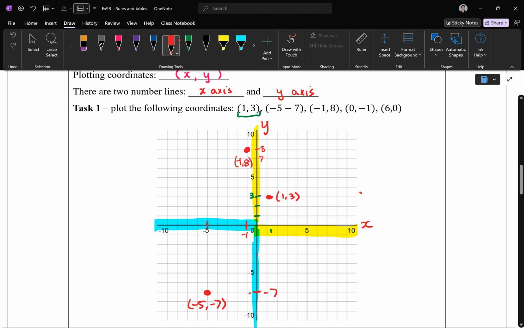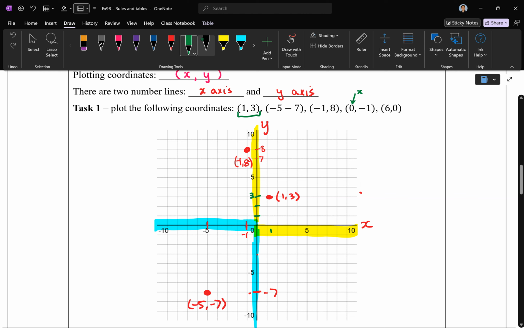Let's have a look at your last two special ones. I'm going to use the green color to show you how they're different. When we say x is 0, a lot of students don't realize, but x equals 0 is actually just at the center. That's where 0 is, because this is your x-axis. So 0 must be right at the center of that x-axis.